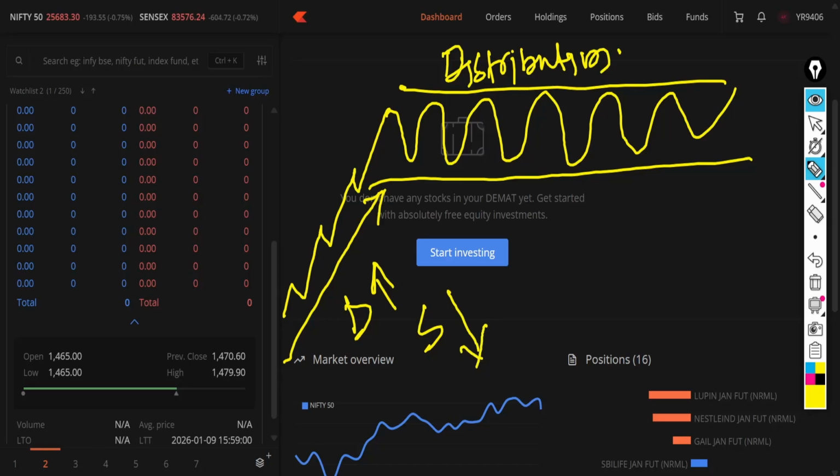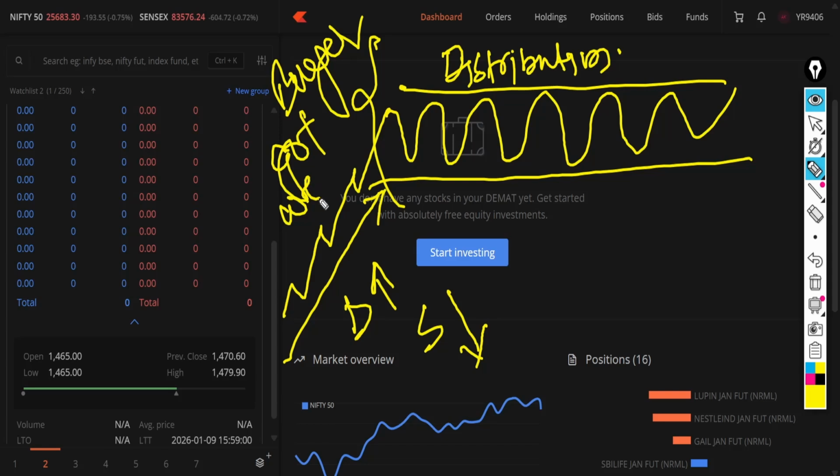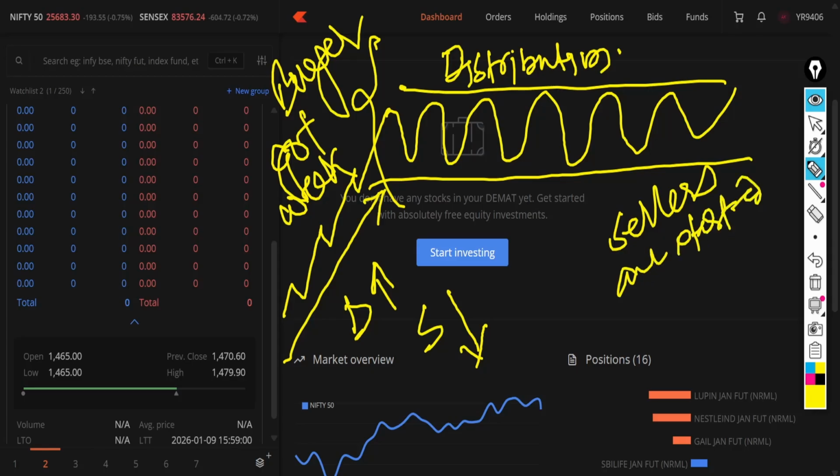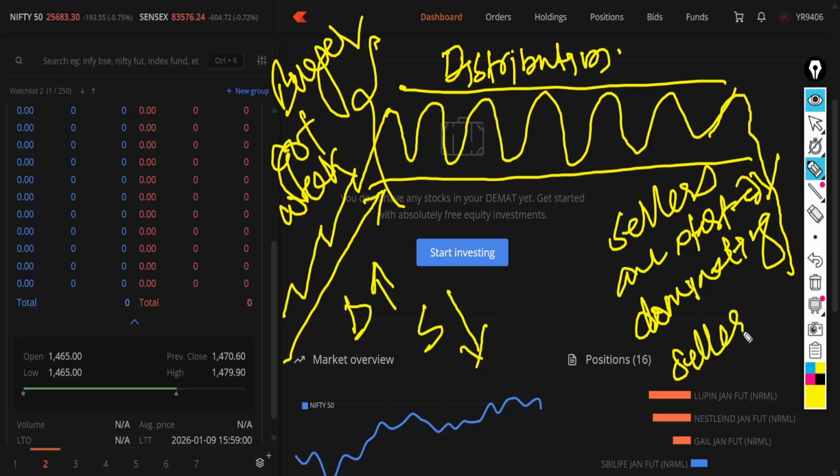But at this zone, the buyers got weak and sellers started dominating. So after the distribution phase, generally price will come down. Here sellers are stronger than the buyers.